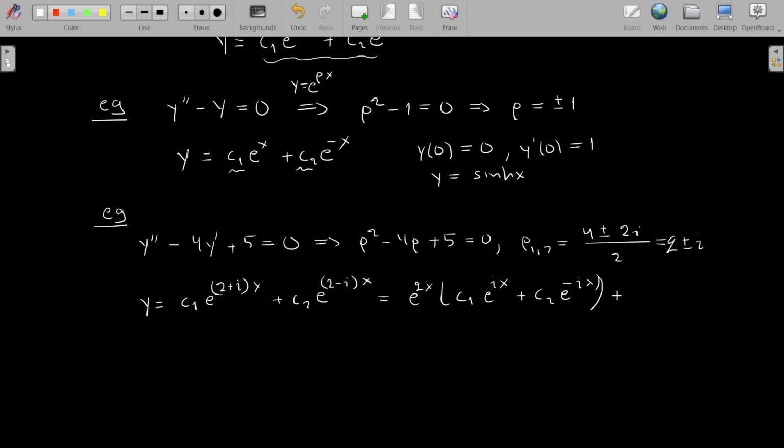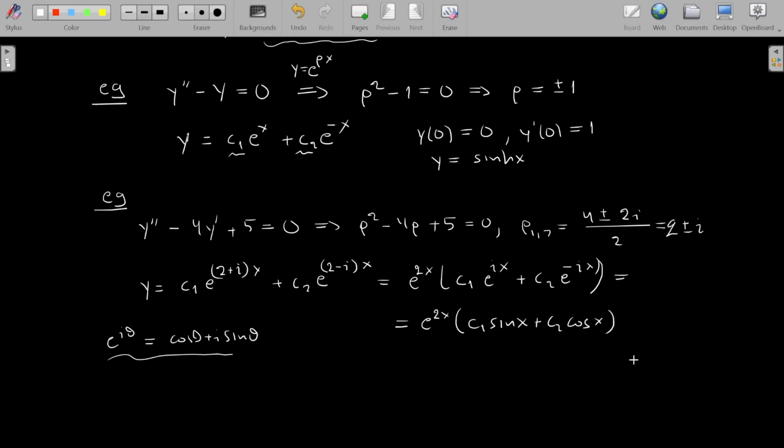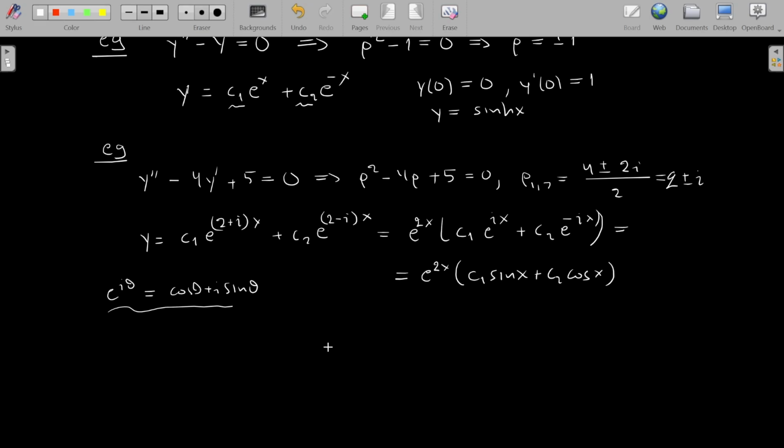And using de Moivre's formula, which is e to the i theta is equal to cos theta plus i sine theta, this could be rewritten with different C1 and C2 as e to the minus 2x times C1 sine x plus C2 cos x. And go ahead and try it. It is indeed a solution to this differential equation.